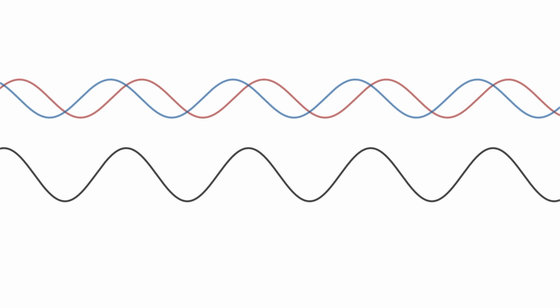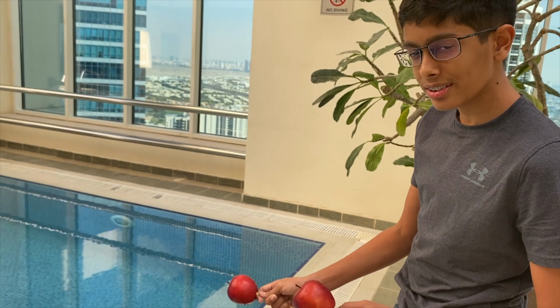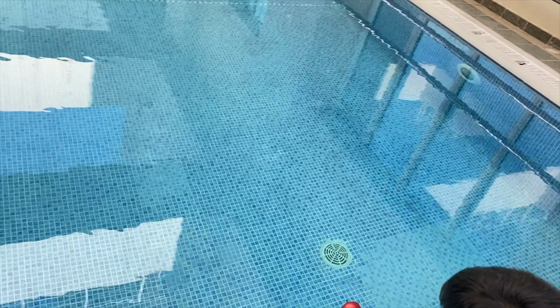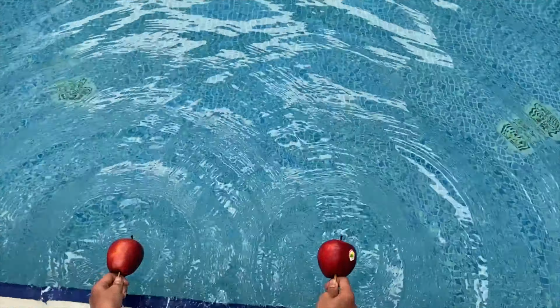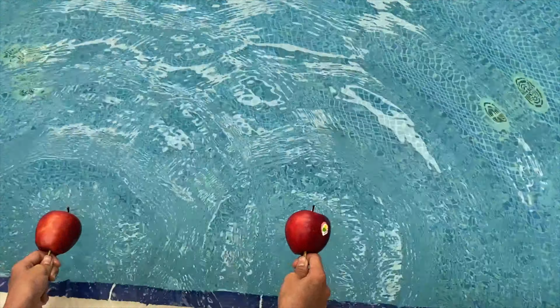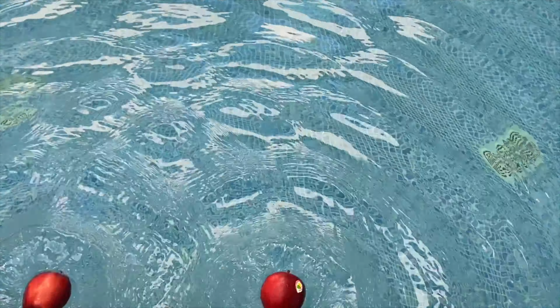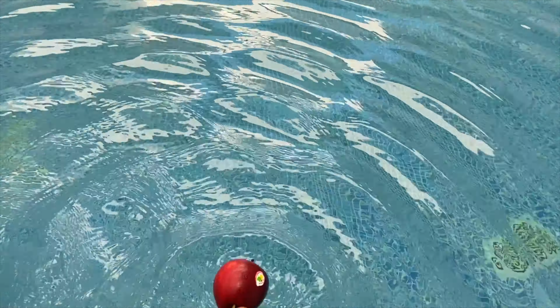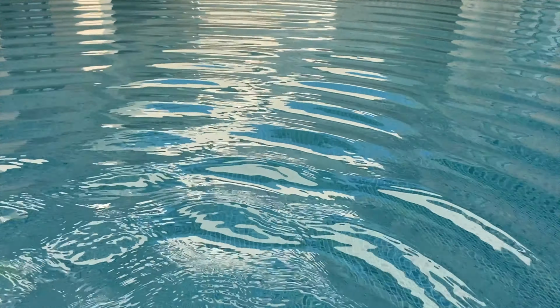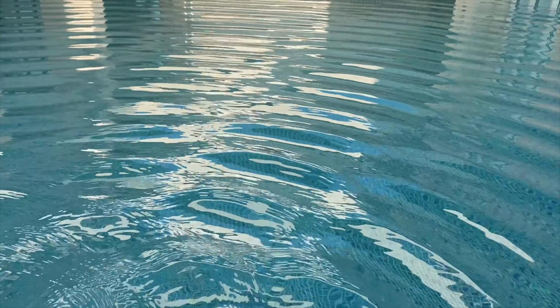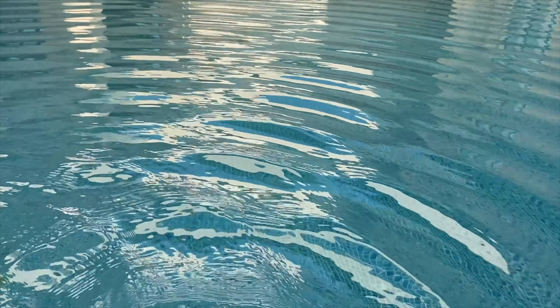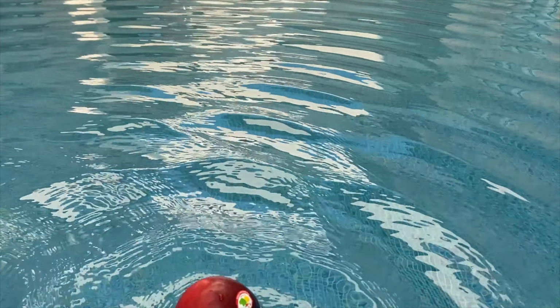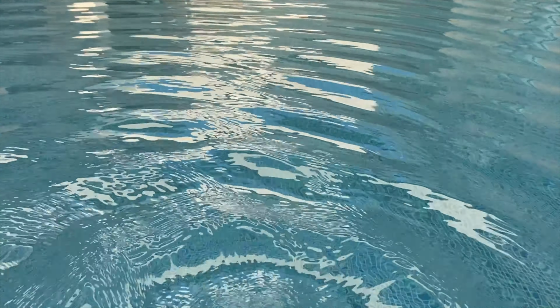Now that we know how waves interfere, we can understand why the double slit experiment proves that light is a wave. Here we can see two water waves interfering. Here we can see that when the two waves interfere, there are alternating places with waves and without waves.